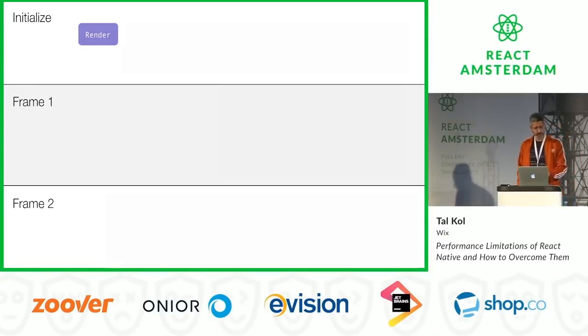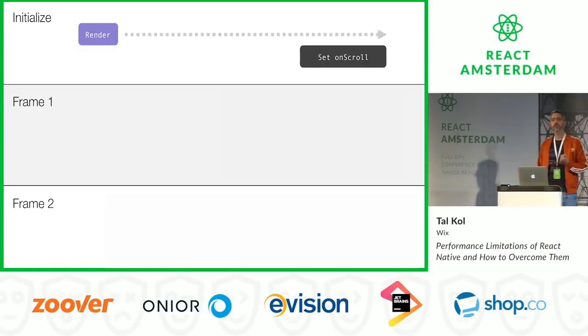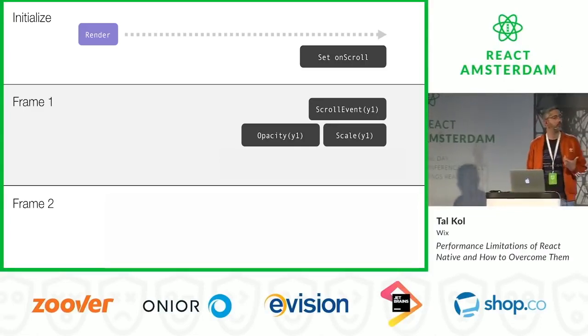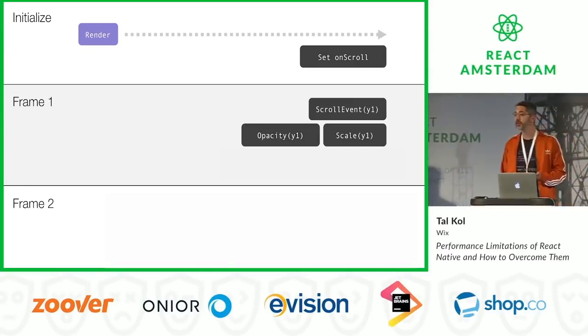So let's analyze. We render the whole thing in JavaScript. The left side, I remind you, is the JavaScript realm, and on the right side is the native realm. We render, so it has to go over the bridge, and this time we set the onScroll event directly in native. The scroll event is a native event, as before, but this time, instead of running the opacity and scale logic in JavaScript, we're running it in Objective-C on the native realm.